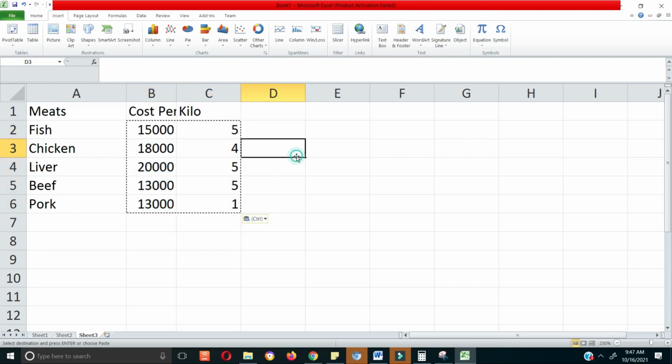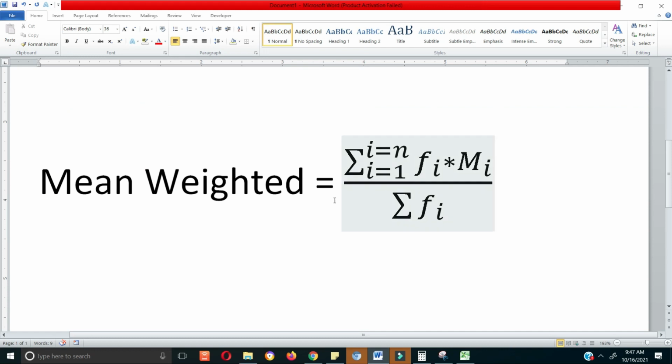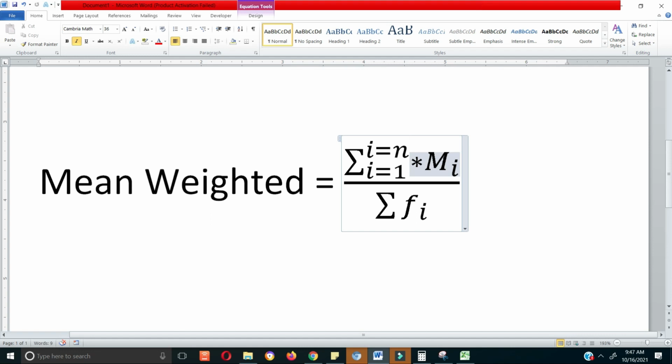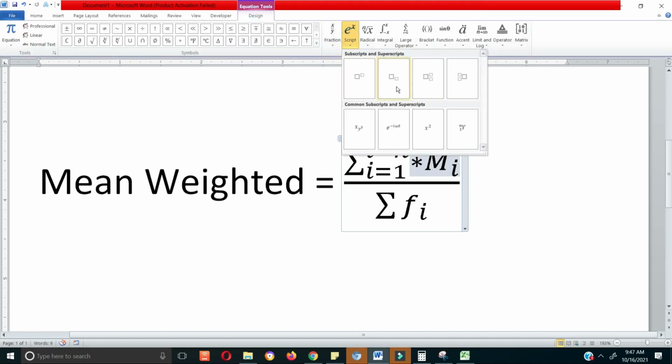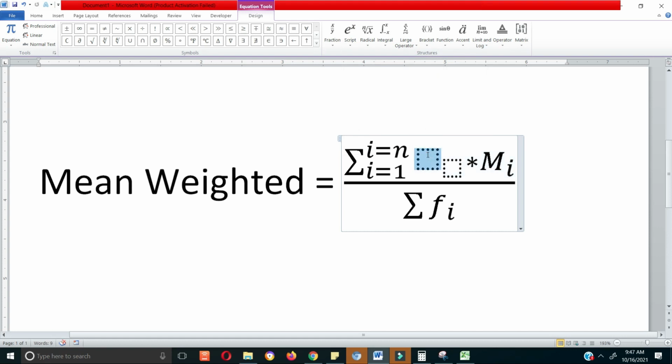So if I want to know the average price of meat, the weighted mean is going to be, instead of frequency, I'm going to have the weight for the ith element. Then instead of frequency here, I'm going to have the weight.